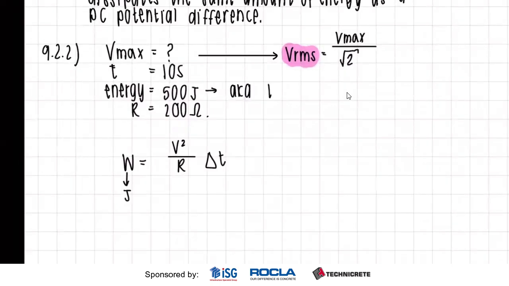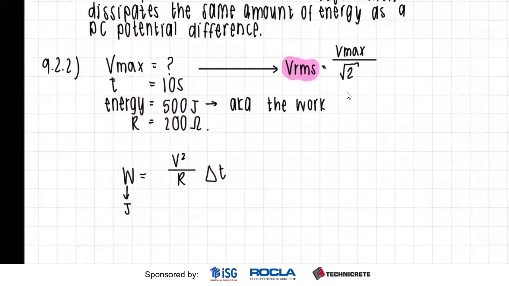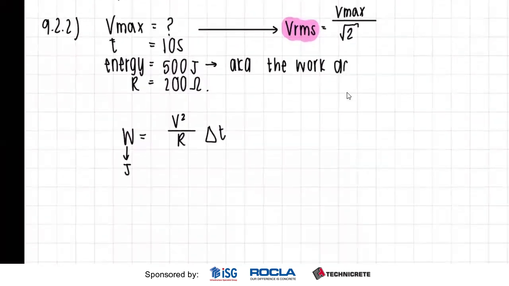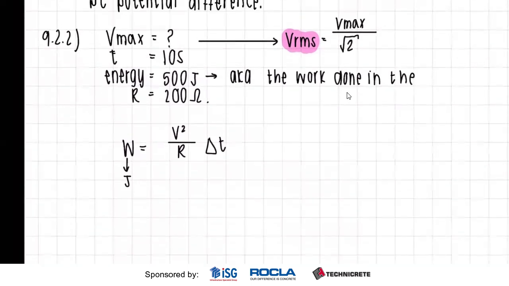So, AKA the work done in the resistor. Okay, so what do we have from this formula? We now have the work done.